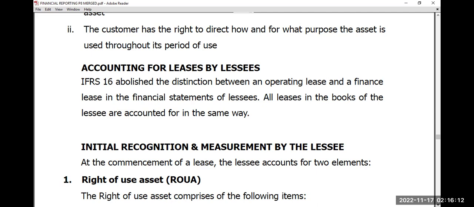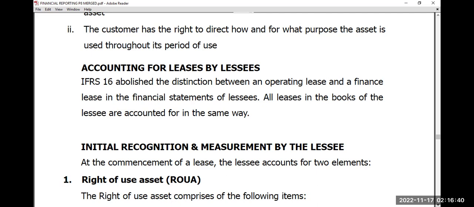And basically, this is our main focus as far as the standard is concerned. Because when you look at the side of the actual owner, the lessor, you find that he is going to be receiving different amounts at different dates.